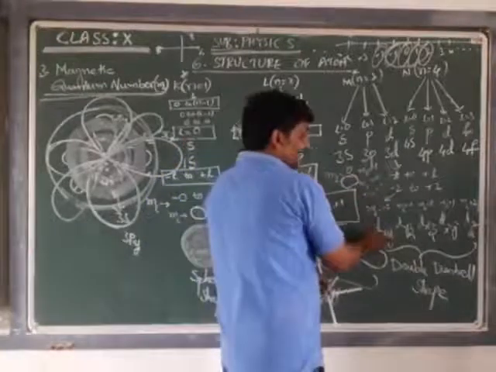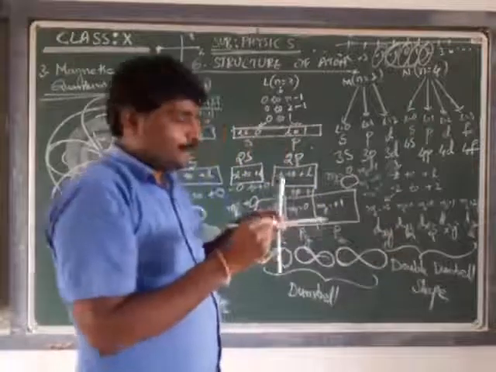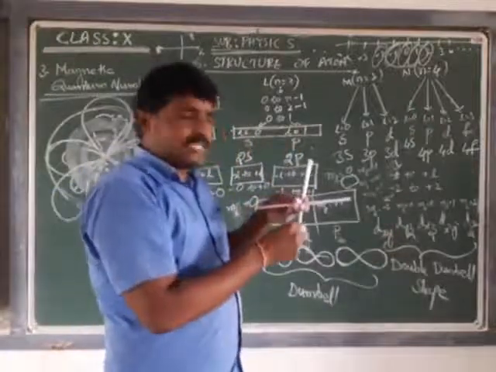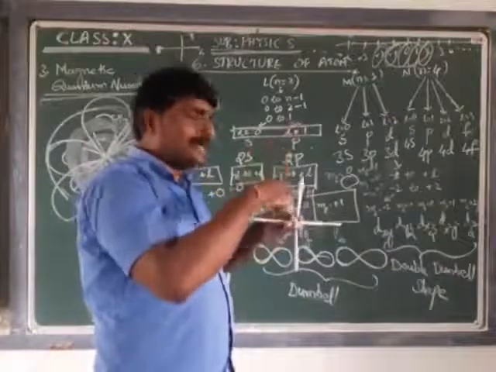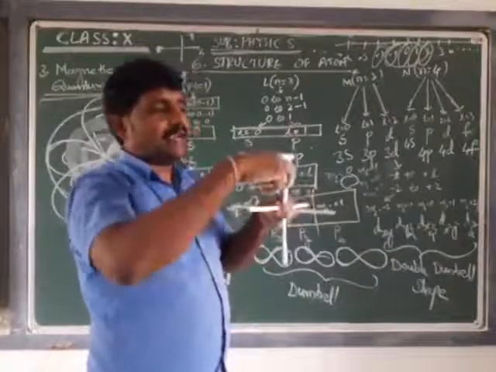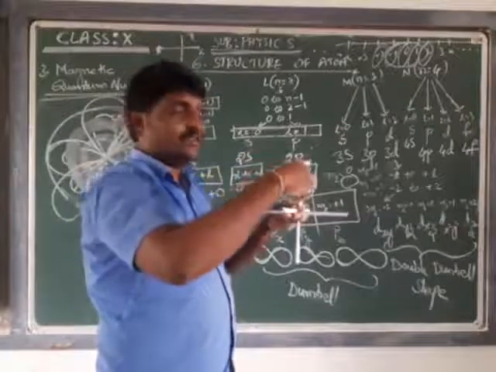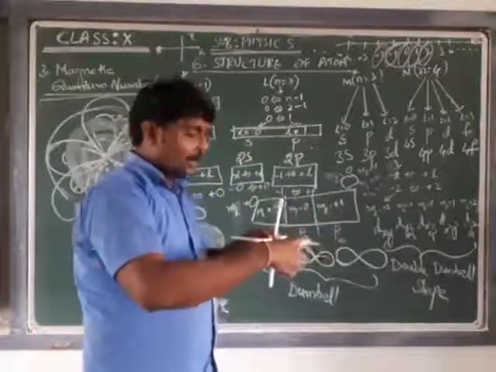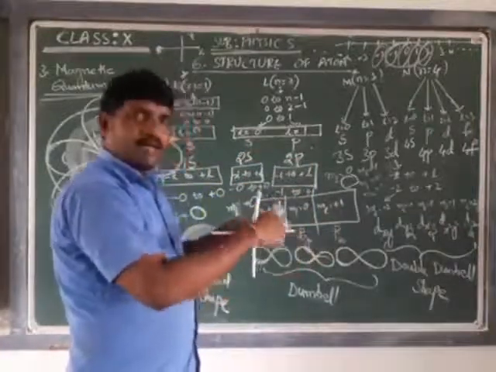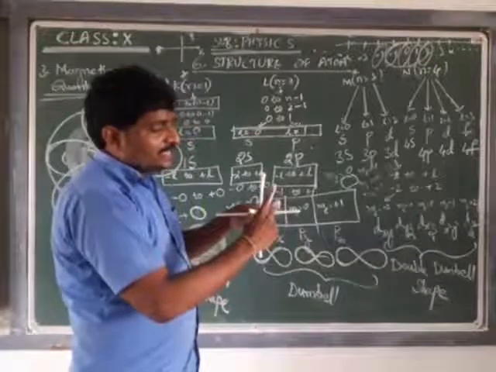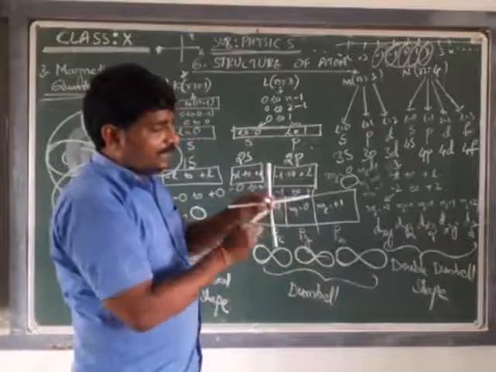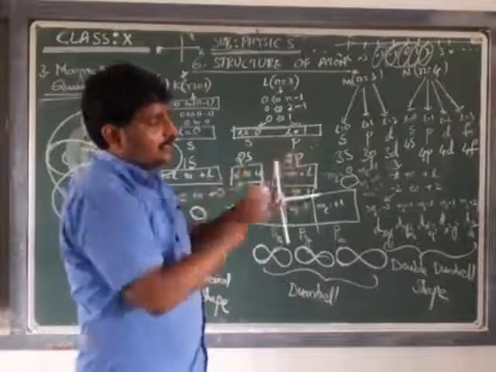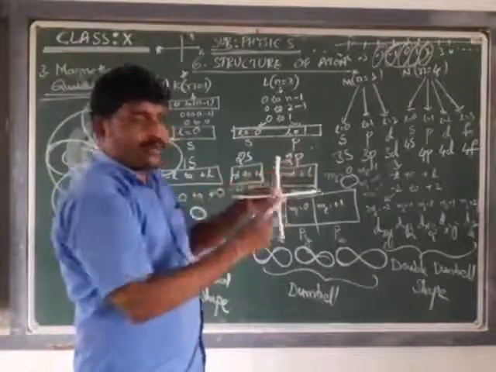Now, how will dxy be? As it is xy and a double dumbbell, see, this is the x axis and this is the y axis. Are you able to see this properly? In between the x axis and y axis, there is a dumbbell, occupying this space.